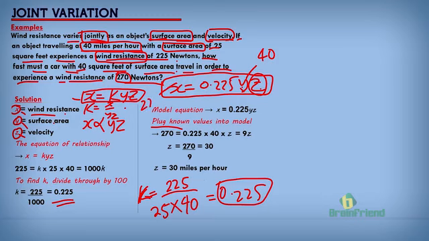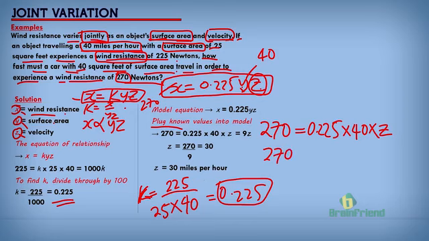So all we do is to plug in values. If we do that, we'll have 270 is 0.225 times 40 times z. So 270 is equal to 0.225 times 40, which is 9z.